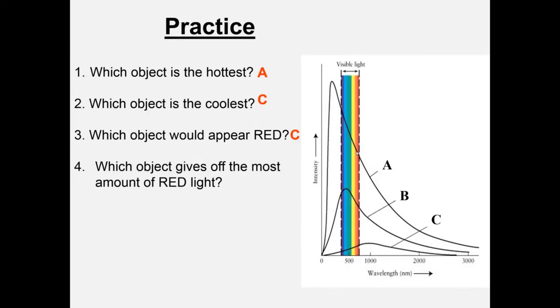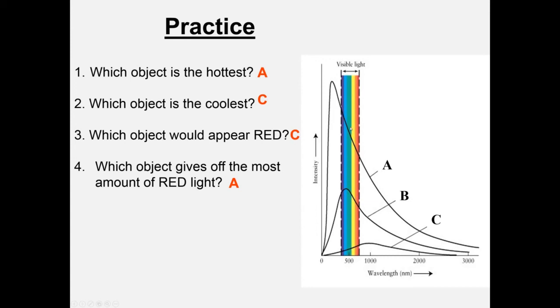Now, you might say to me, but Dave, star A is putting out so much more red light than star C. So yeah, question 4, which object gives off the most amount of red? A. A is putting out way more red than C. But so what? That doesn't mean it looks more red. Star A on its own, sitting there in space, puts out way more blue than it does red, so it will look blue.